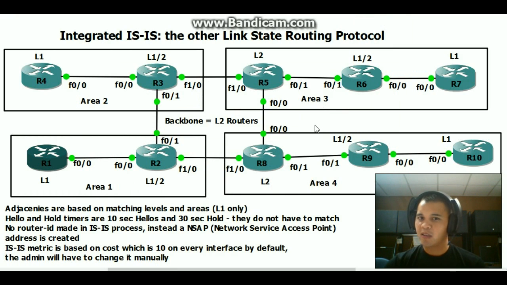It's pretty simple, I think, but you just have to get used to this whole NSAP address and level 2 and level 1s. You would see this in service provider networks because they don't have to follow the rules of OSPF and Area 0, because the backbone now is level 2 routers. That's the key. I hope this was informative for you, and I'd like to thank you for viewing.